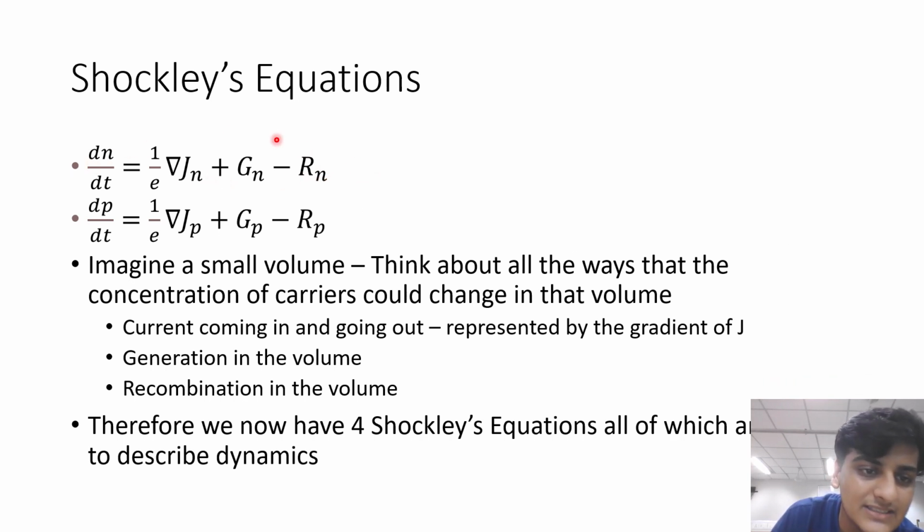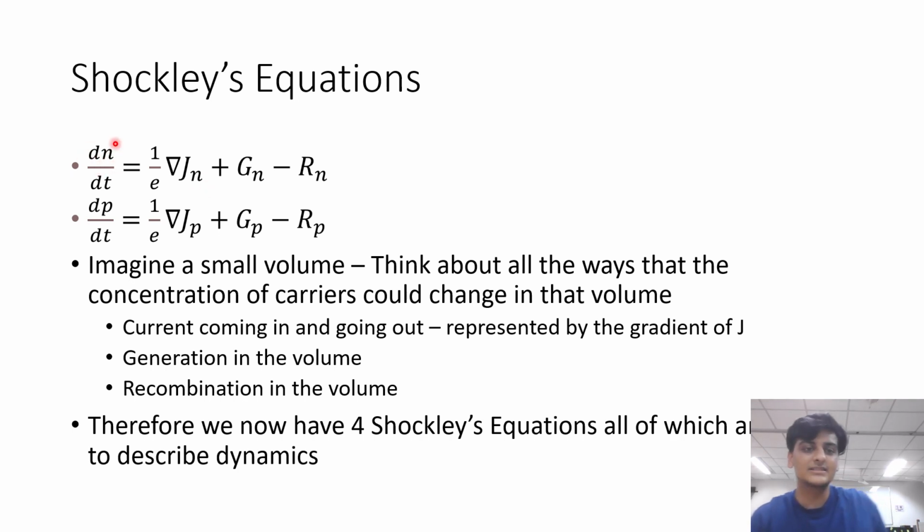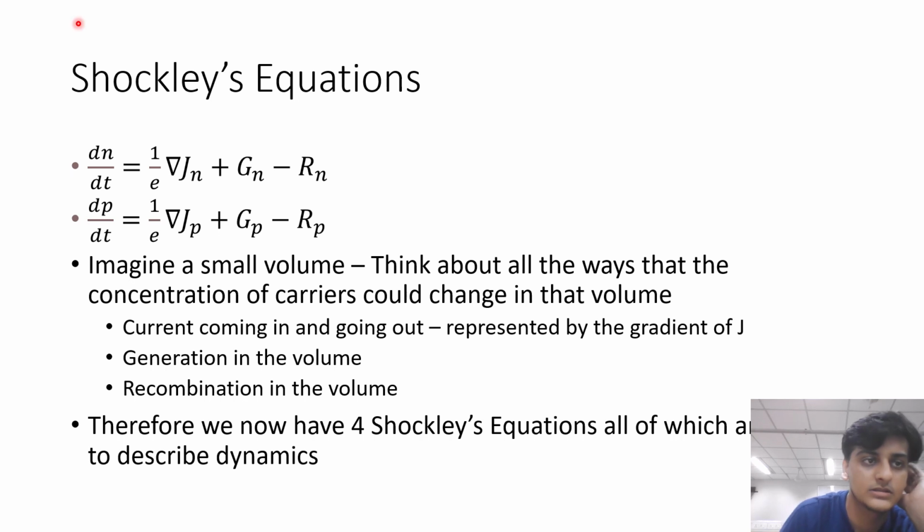So with these three terms, we get an expression for how the number of carriers changes with respect to time in a given volume. So we have the same expression for electrons as well as holes, and combining with the two equations on the last slide, we have now all four of Shockley's equations which we can use to describe dynamics.